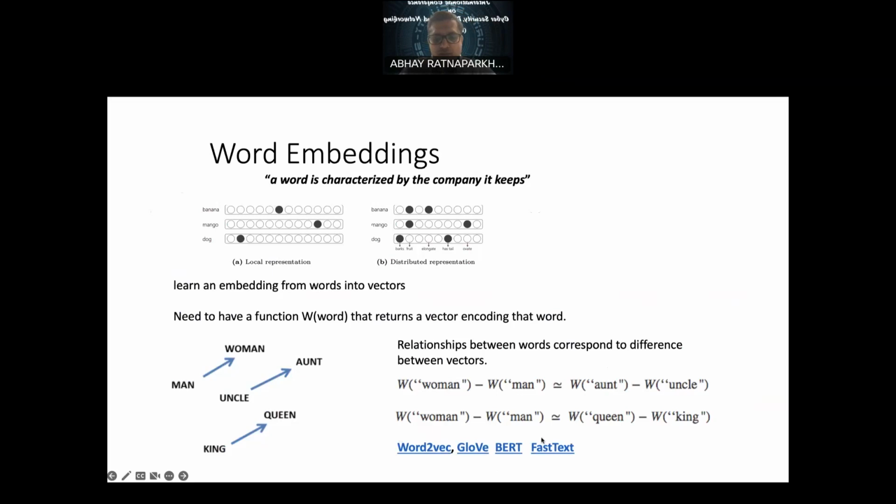The models are trained on a very large corpus. There are some models which I haven't listed, which are trained with billions of parameters, like GPT or T5. As and when you have more data, there is more learning, and you have a big vector that has some extra information in it.